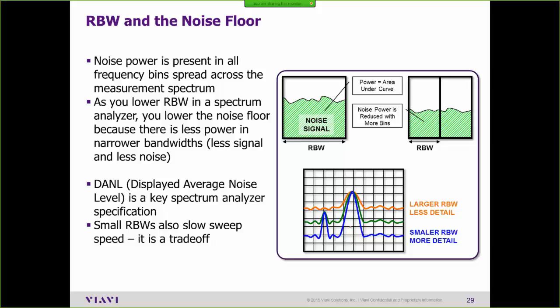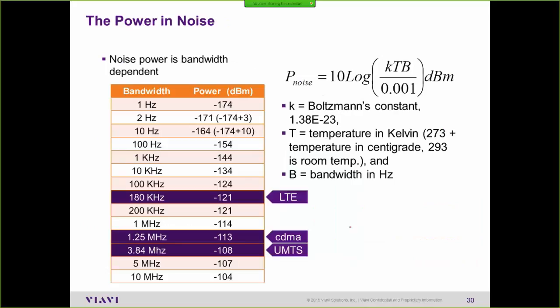For an LTE base station, and by the way, LTE is a little bit different, let's talk about CDMA first. CDMA, all the phones and the base stations communicate to each other within 1.25 megahertz channels.